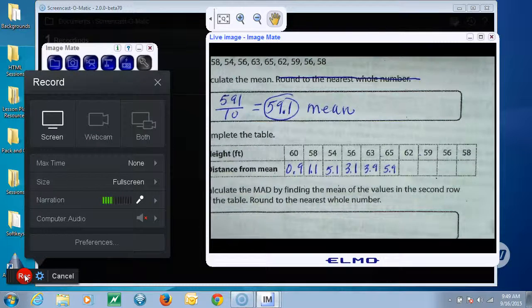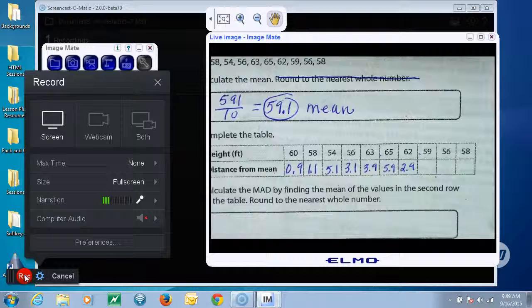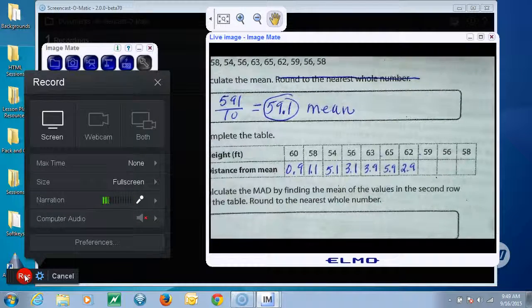Guys, all you're doing is going 59.1 minus 62. But do not use the negative. You're subtracting 59.1 in each number.